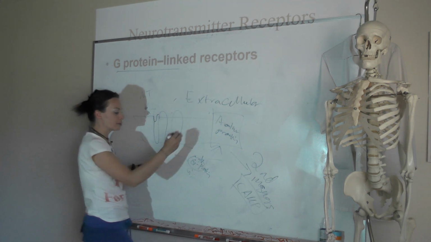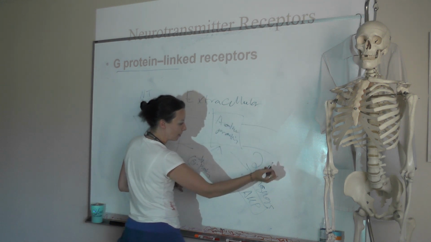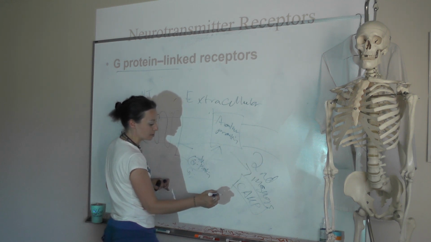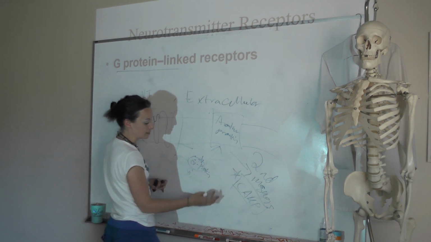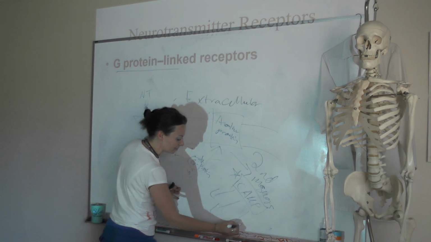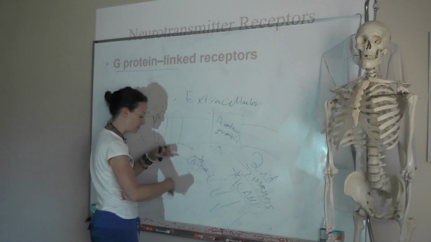So we've got different G proteins that are going to activate different secondary proteins in the cell membrane, and those proteins are going to pump out what are called second messengers. The most popular one is cyclic AMP, and what it's going to do is cause a cascade of events inside the cell. You'll start turning on enzymes that start speeding up reactions.